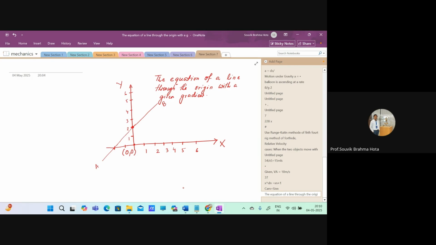You can see the screen, right? Yes. Okay, so these are the points. Arbitrarily I am taking some points.